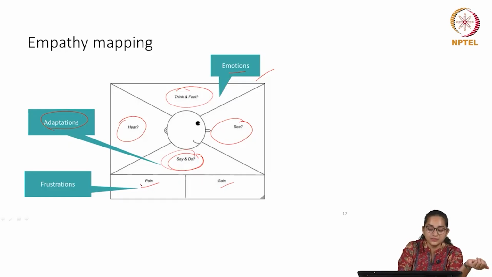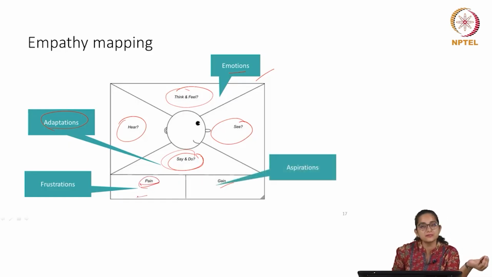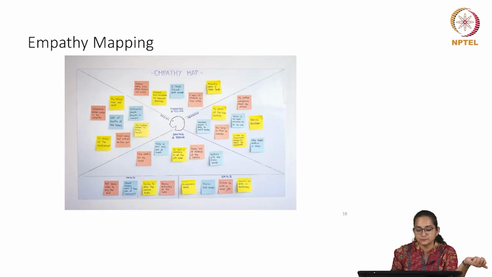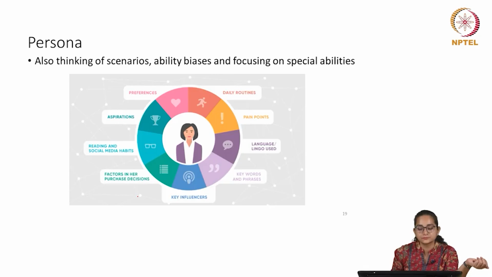Then the frustrations in the pain and the aspirations in the gain. So this is an example of a filled empathy map. We can also think of scenarios, ability biases, focusing on special abilities when we are building a persona.